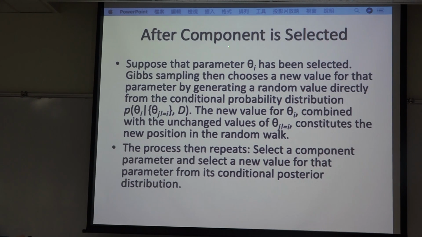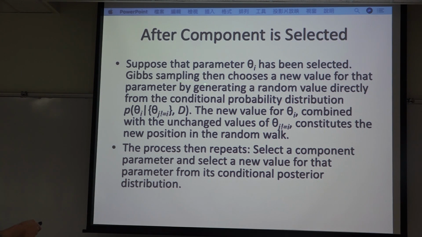After the component is selected, suppose that parameter theta i has been selected. Gibbs sampling then chooses a new value for that parameter. It is going to change that particular parameter, doing a random walk on that selected parameter. The other parameters remain unchanged.